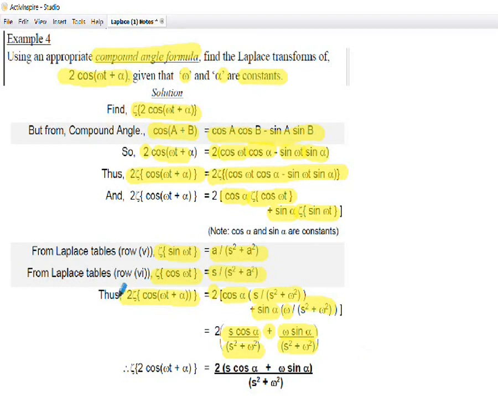So the final solution here is the Laplace of 2 cos(omega t plus alpha) is 2 open bracket s times cos alpha plus omega times sine alpha, and it's all divided by s squared plus omega squared. Okay, so that's an example of simplifying the Laplace transform using a compound angle formula.